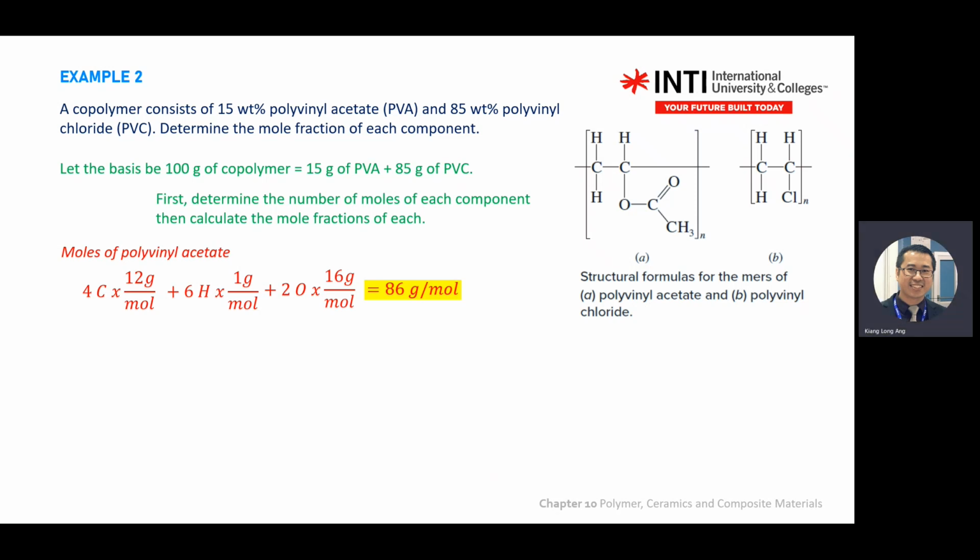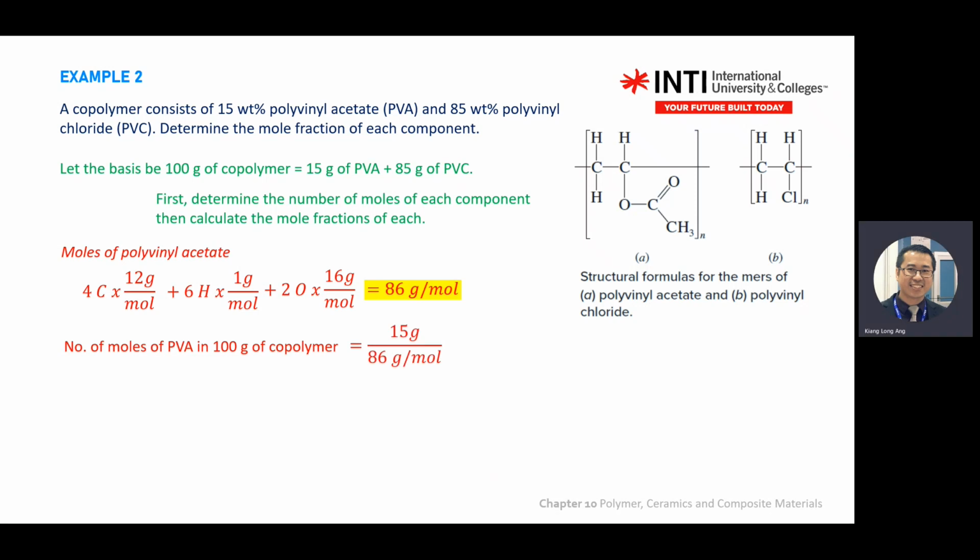For engineering subjects, normally the unit will carry 50% of the marks. For example, the full mark for this 86 gram per mole is 2 marks. If you only write 86, you only score 1 point. So once you find that, then you find how many moles of PVA in 100 gram of copolymer.